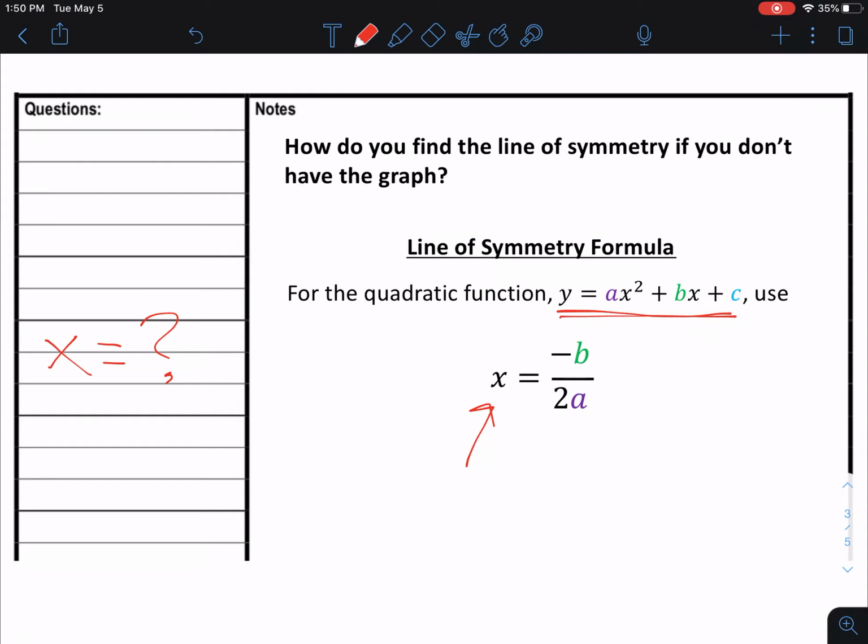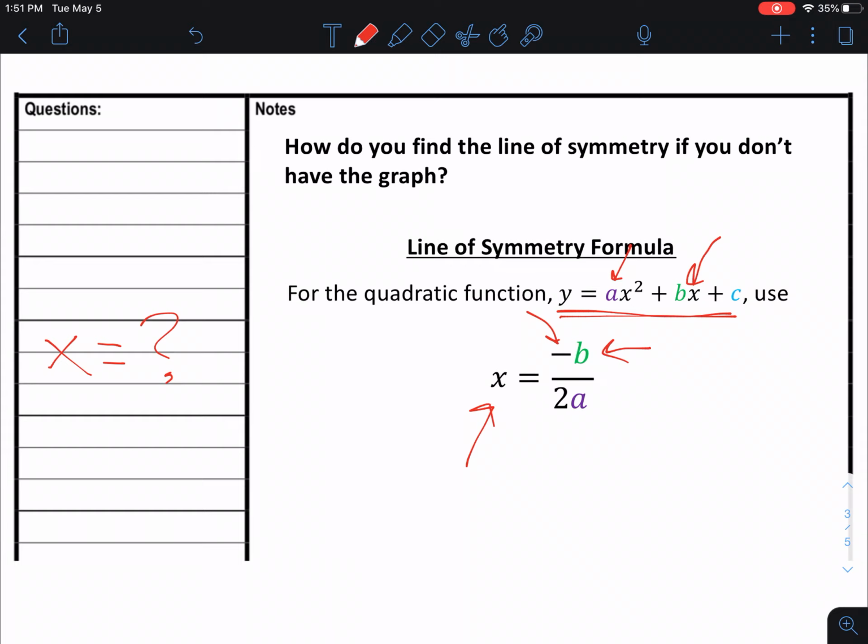Okay. So then what you want to do is say, all right, what is my b value, my green value right there? And you're going to write the opposite of that. So if it's positive, you're going to write negative b. If it's negative, you can write positive. So I usually just like to say, when I see this symbol, I think opposite of b. And then you're going to divide that by 2 times whatever a is, and the a value is right here, whatever's in front of the x squared.